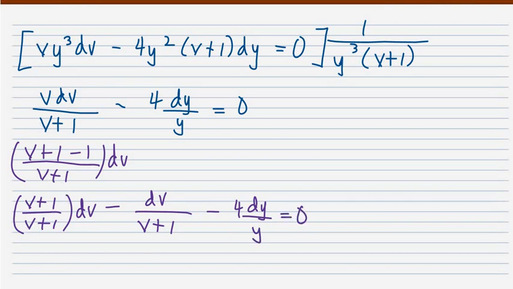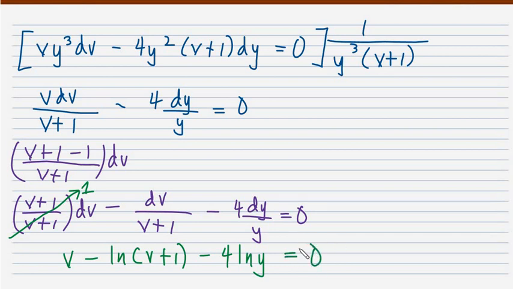So the first term, v plus 1 over v plus 1, is 1, so the integration is v. The second term can be solved using logarithms, so minus ln of v plus 1, and also the last term, minus 4 ln y is equal to 0. So this should be equal to c. Okay, so let's write in our next page.